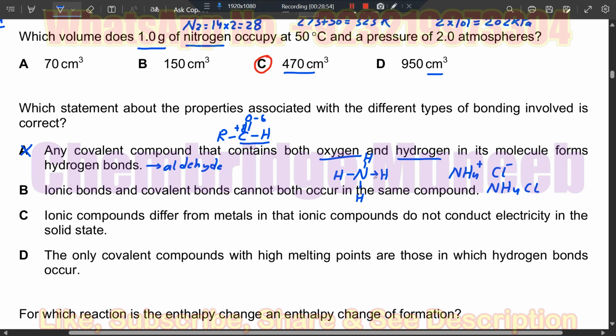So I can write like this, there is at least one dative bond in NH4+. So no, that is not correct, that there should not be ionic and covalent bonds at the same time.